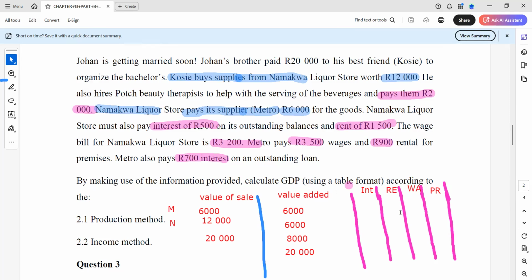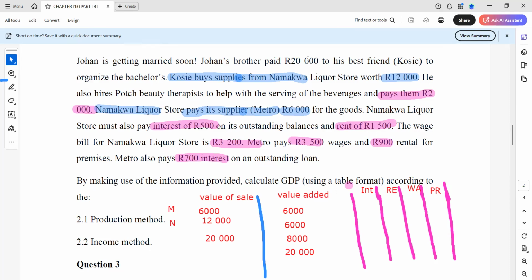Okay. So now, because we've already highlighted all the figures which go under the income method, we're just going to record them. The only figure that we would have to calculate is the profit, right? But firstly, let's just record these amounts here. So let me just read from the beginning. Jonah is getting married soon.